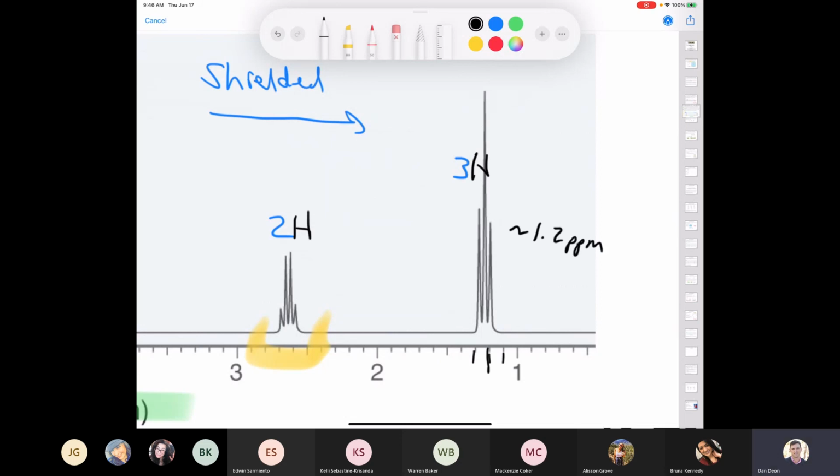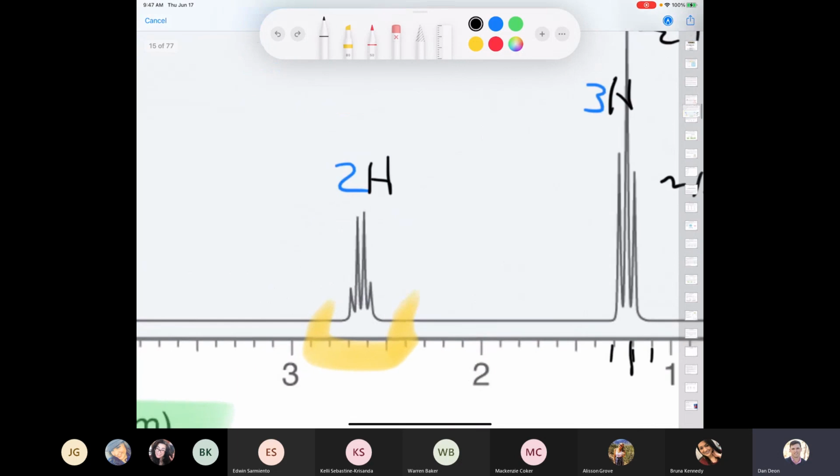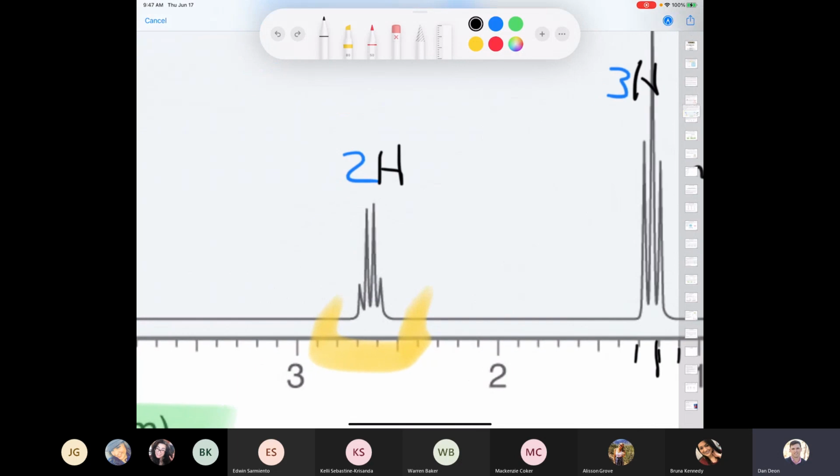Okay. But then you can see that it's a total of 1, 2, 3 little peaks, isn't it? So we would actually call this a triplet. Okay. A triplet. And the triplet actually gives us information as to how many protons are next door to these 3 protons.